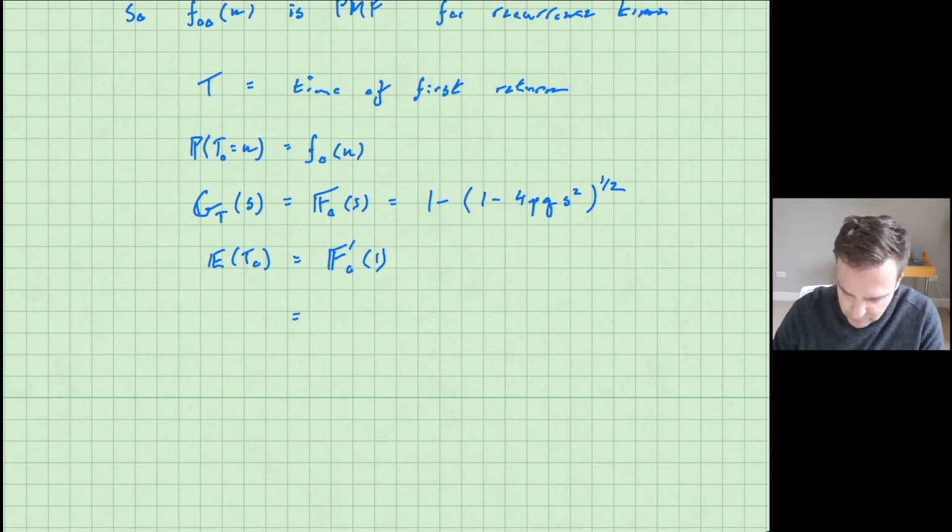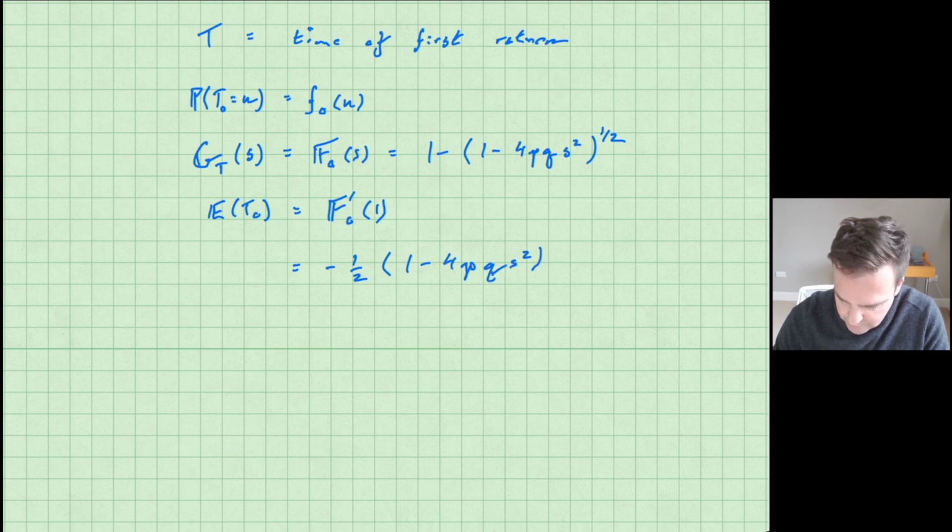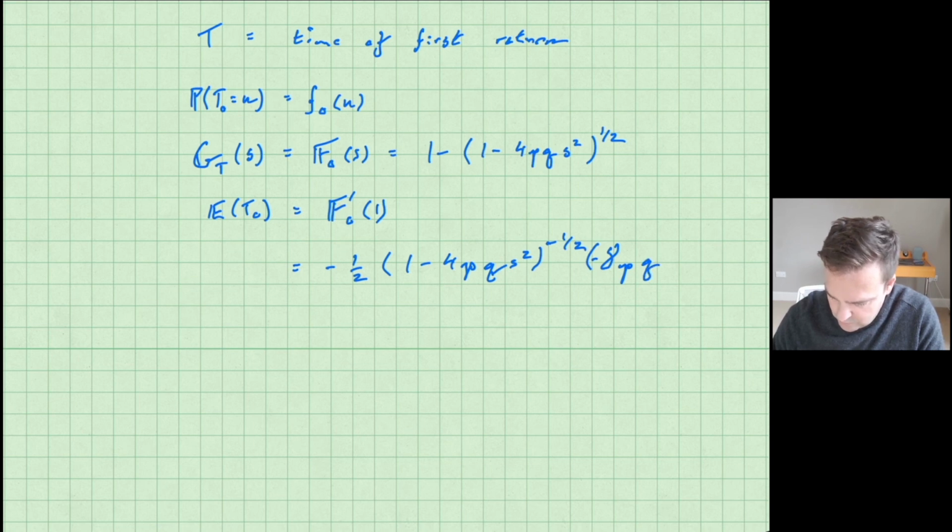The derivative of 1 is 0, and so we've got minus 1/2 times 1 minus 4pq s squared to the minus 1/2 now, and the derivative of the inside is minus 8pqs. All right, and we want to evaluate this at s equals 1.